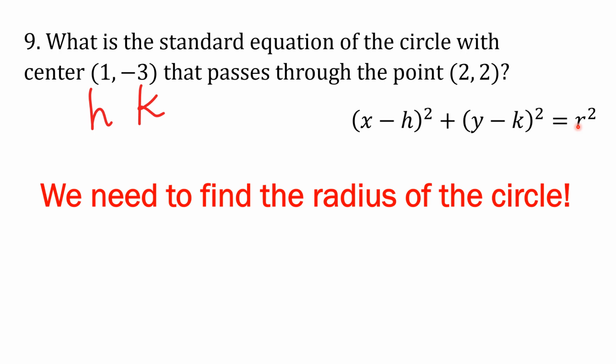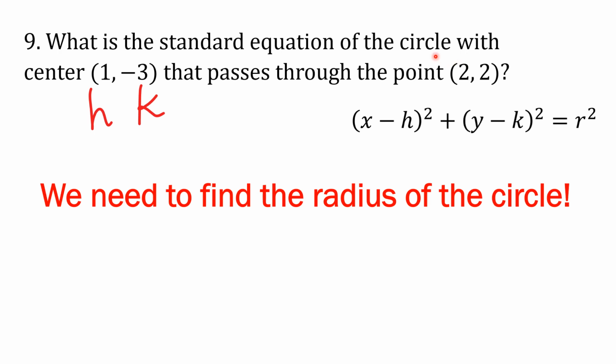Now there's a complicated way that you can do this, which was my original approach. I was thinking, okay, well, we'll plot the point 1, -3, then we'll plot the point 2, 2 on the coordinate plane, and then we'll find the distance between those 2 points.